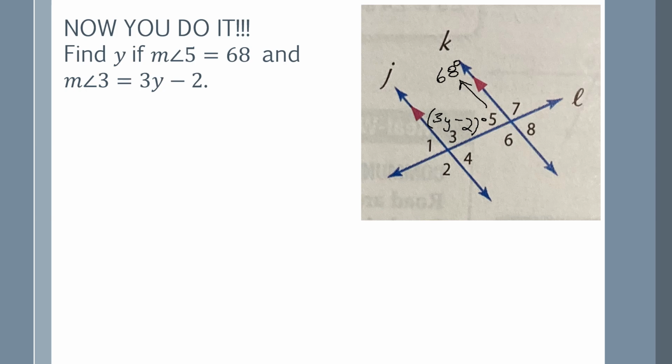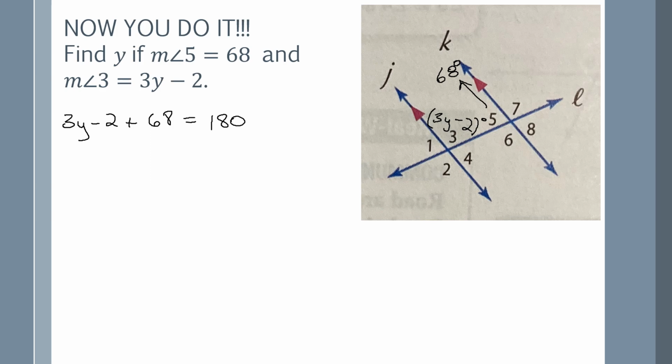They're on the same side of the transversal in the interior, which means they're going to add up to 180 degrees. So I'm going to take and set up my equation. 3y minus 2 plus 68 equals 180.